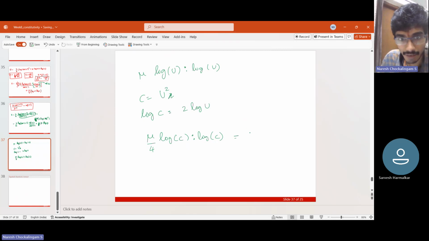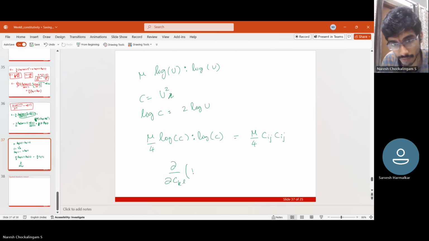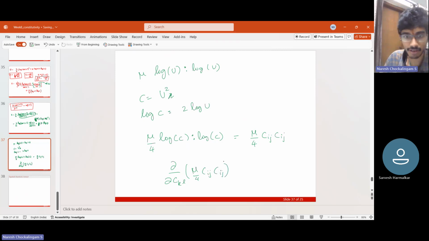So this is basically mu by 4 Cij Cij. Now we want to get the derivative with respect to CKL of mu by 4 Cij Cij. Use the product rule.